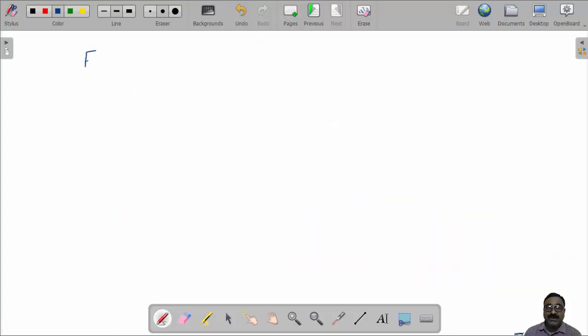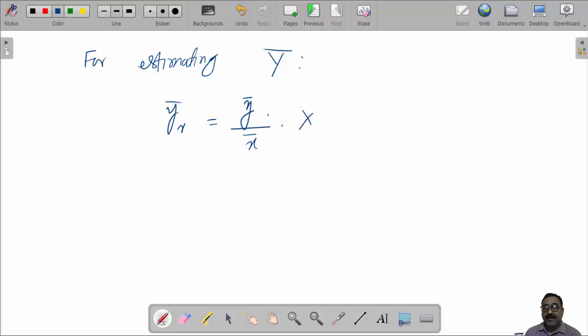Now for estimating the population mean Y bar, the ratio estimator is given by Y R bar, which is equal to y bar into capital X bar.